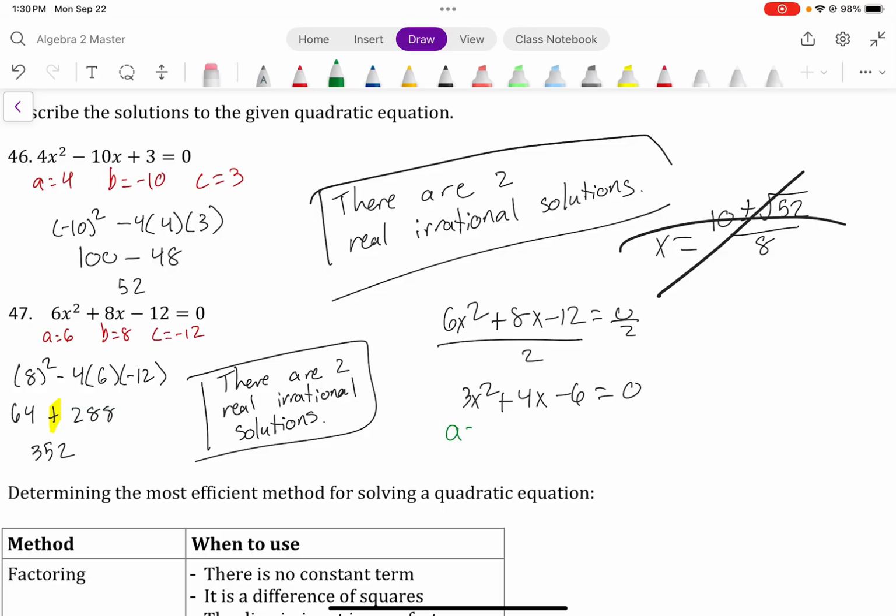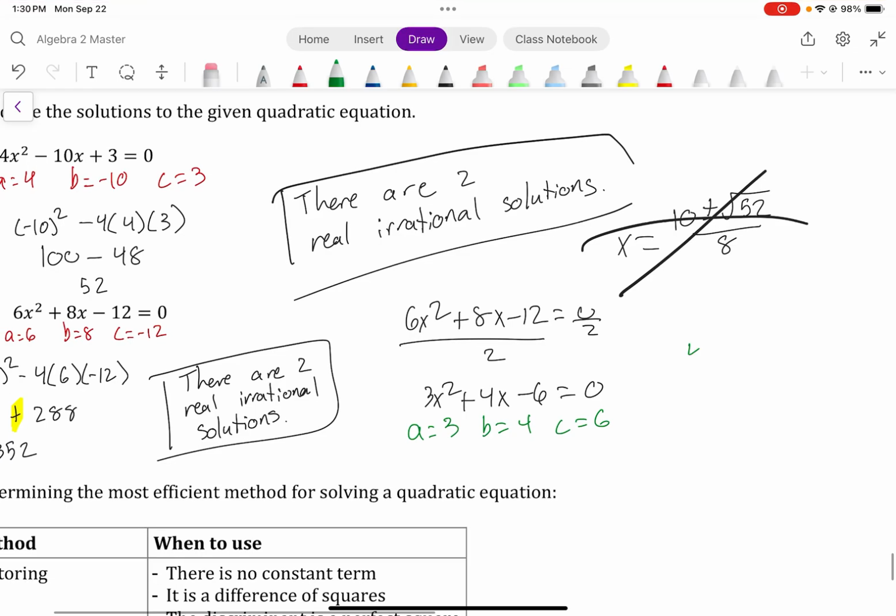This time, a is equal to 3, b is 4, c is negative 6. So 4 squared minus 4 times 3 times negative 6 becomes 16, 4 times 3 is 12, times 6 is 72. This is going to give me an 88.